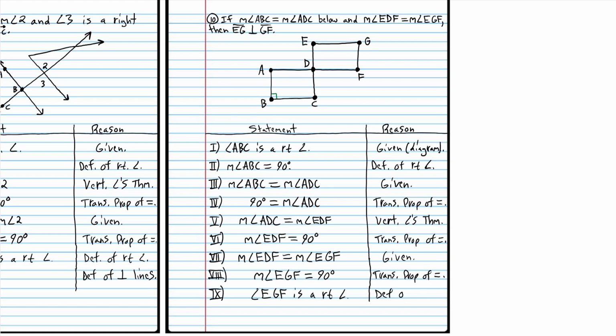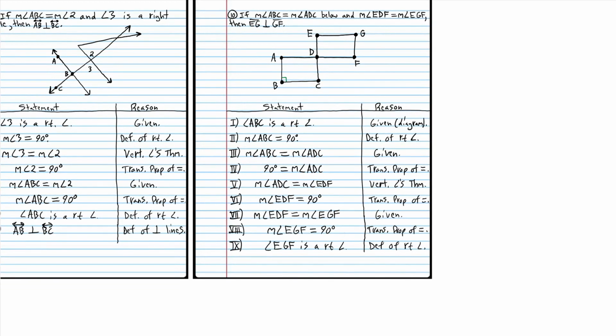That's the definition of right angles. And if EGF is a right angle, then by definition, the segment EG is perpendicular to the segment GF, or the side GF. You can call them segments or sides, whatever you want. And that is the definition of perpendicular.